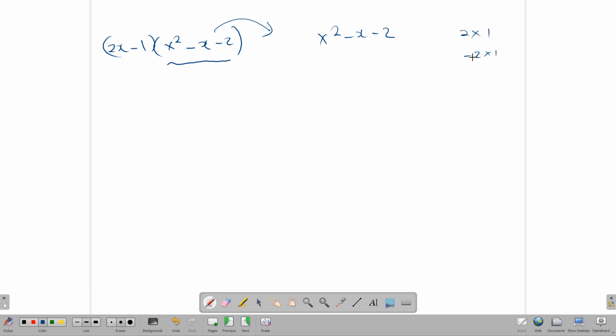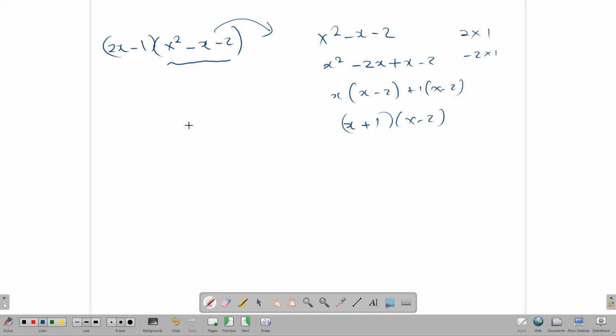So the numbers that we need to use in the middle are negative 2 and 1. So we have x squared minus 2x plus x minus 2. And so we can factor out x minus 2 times x plus 1. And so our answers are x plus 1 and x minus 2.